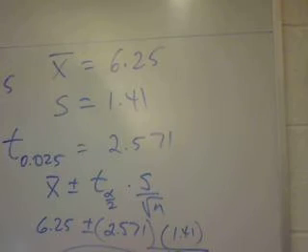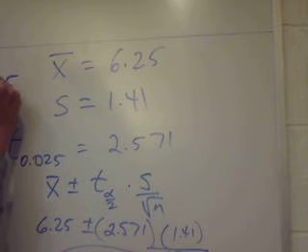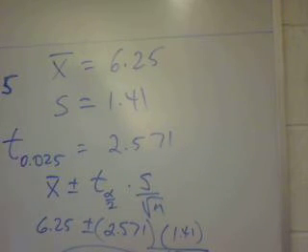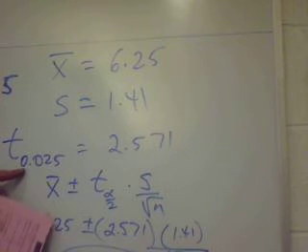And so that's 4.75 to 7.75. So again, this is for sigma unknown, so you're going to need S and T sub alpha over 2.